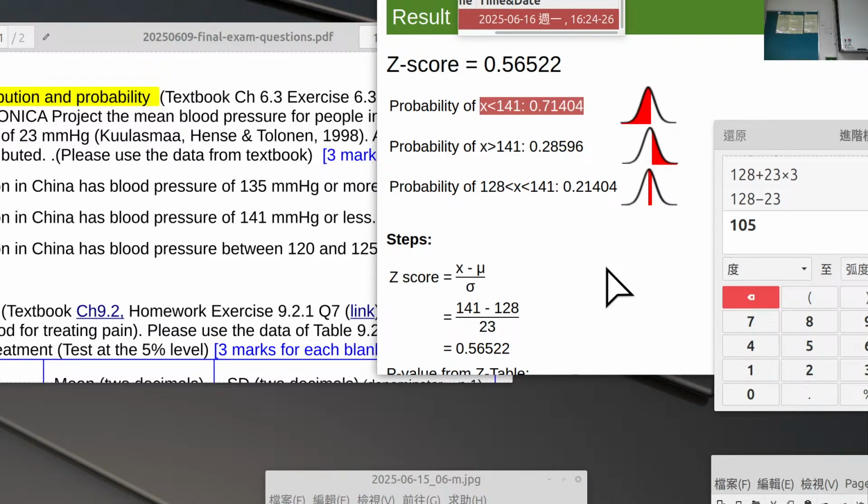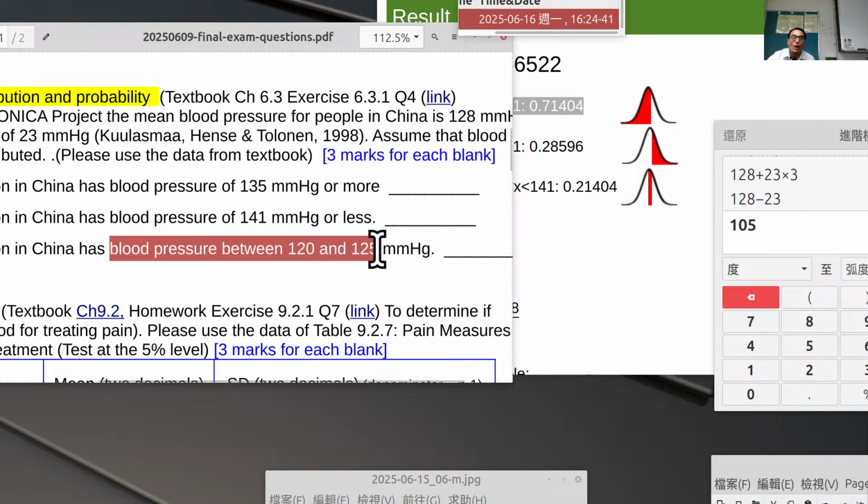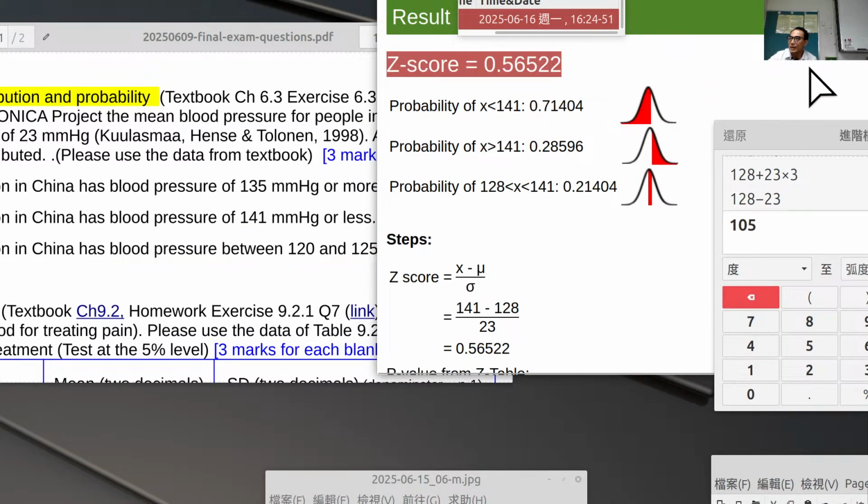Okay, and the third question is a little bit difficult. The pressure between 120 and 125. 120 and 125. Can you get it?